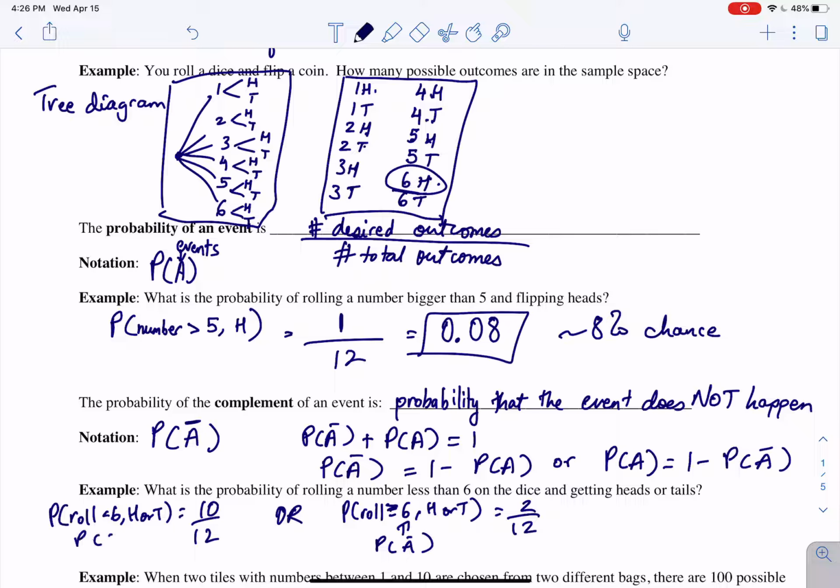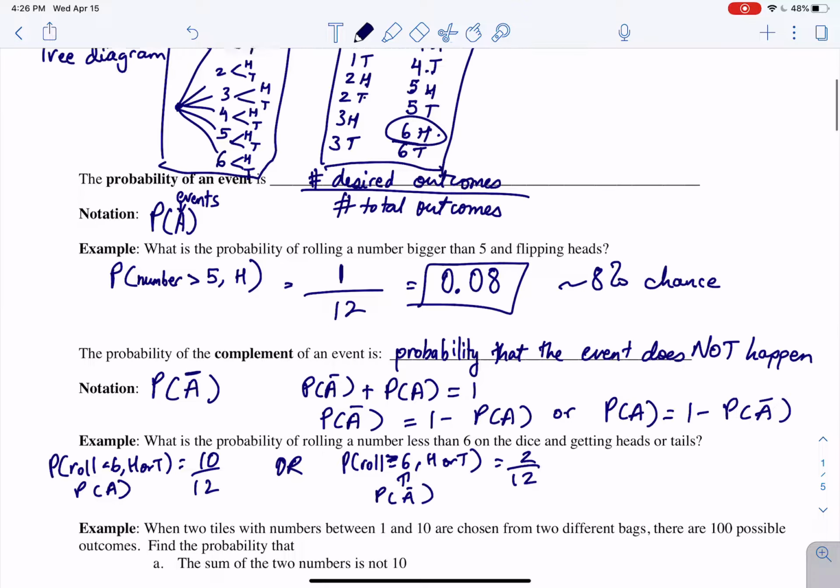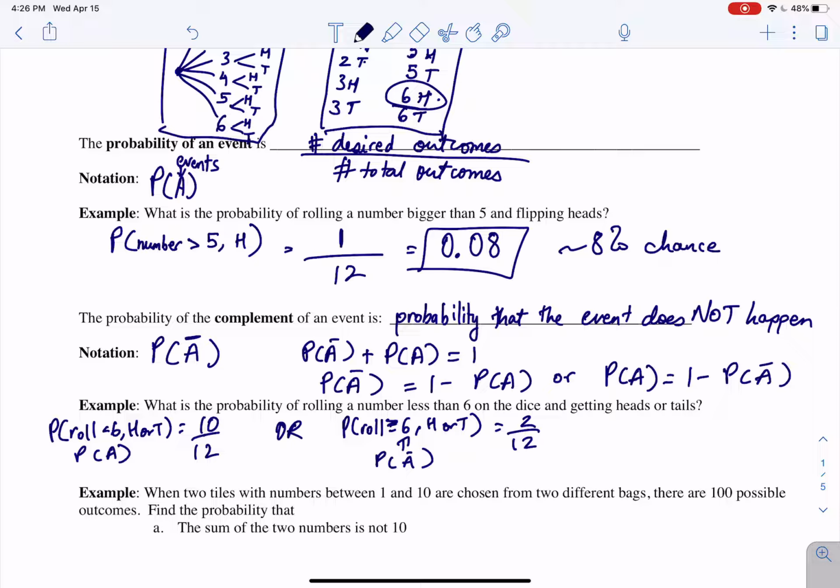This is P of A. And if we look at these two numbers, 10 out of 12 plus 2 out of 12, that equals 1. So instead of having counted 10 things, I can also say the probability of A is 1 minus 2 out of 12, which is 10 out of 12. And calculate that probability. The decimal is 0.83.